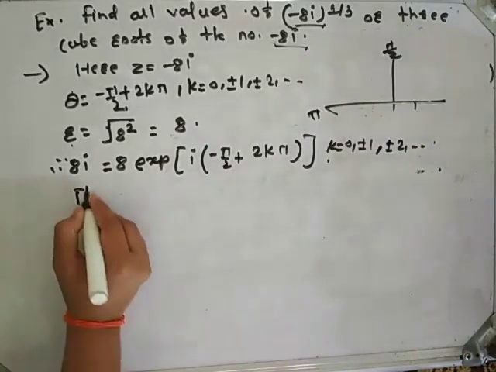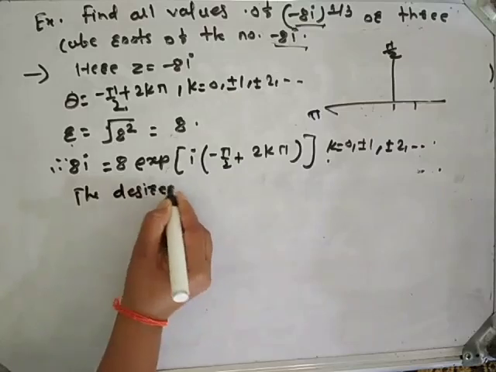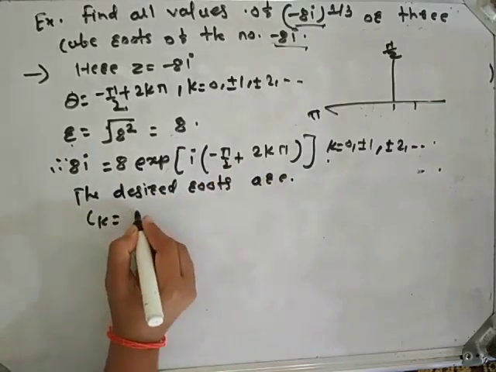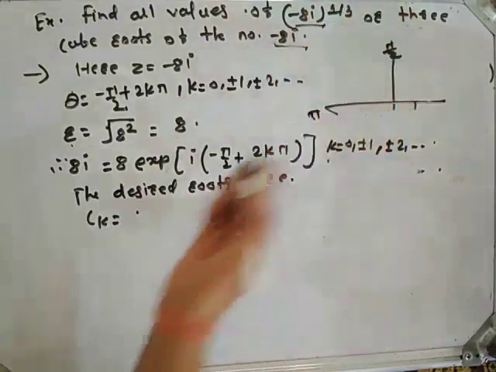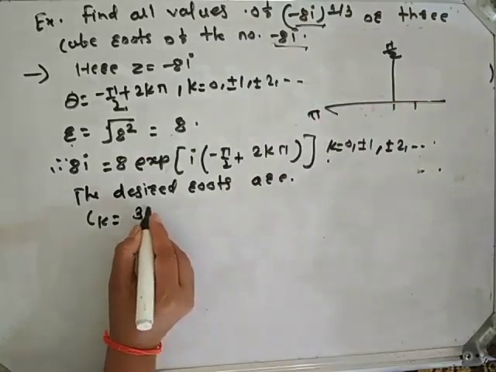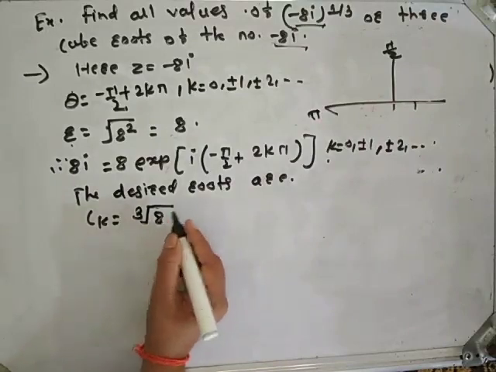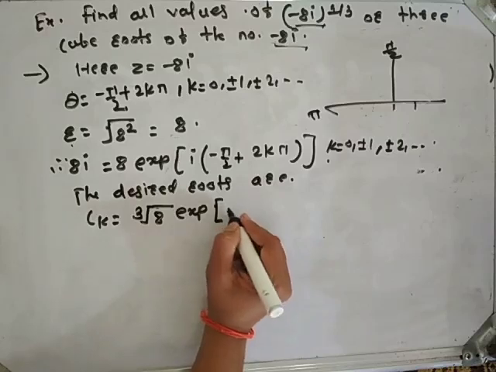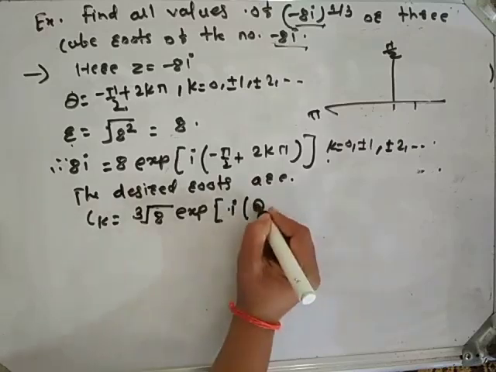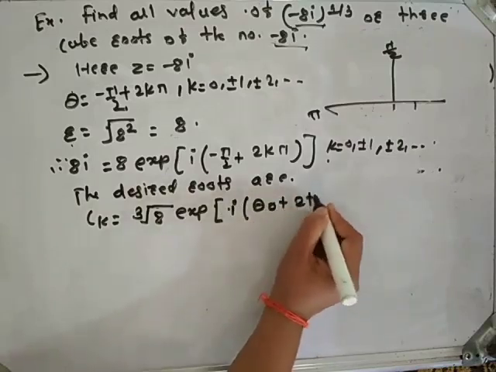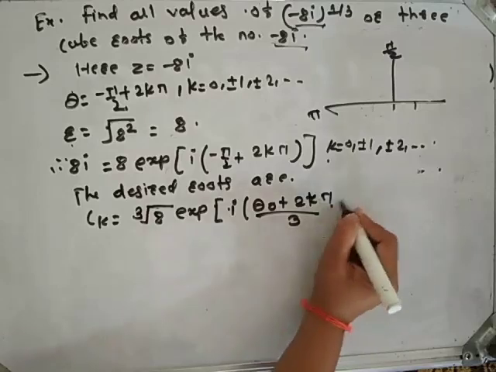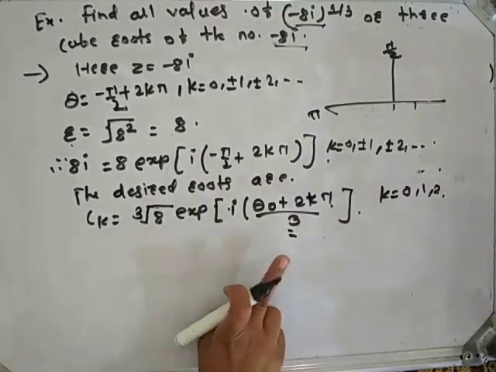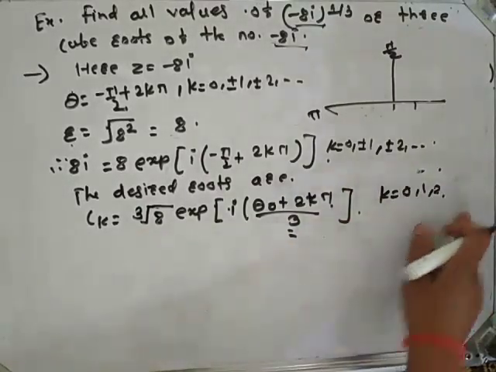The desired roots: the formula is c_k equals cube root of 8 exponential of i (theta_0 plus 2k pi upon 3). Here we have to find the cube root, so n is equal to 3, and k runs from 0, 1, 2.